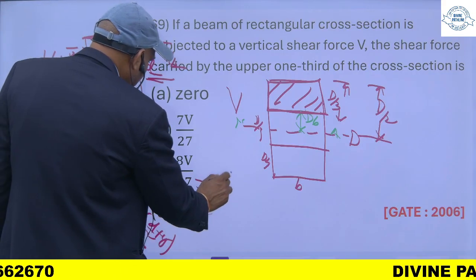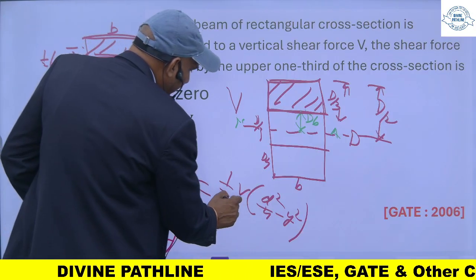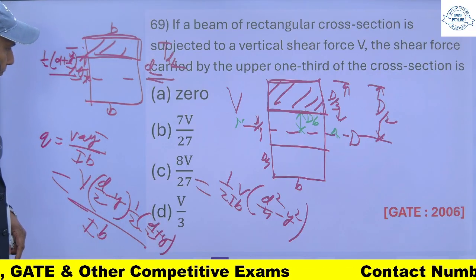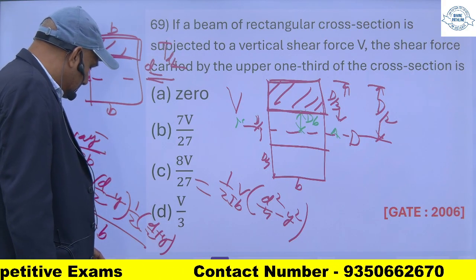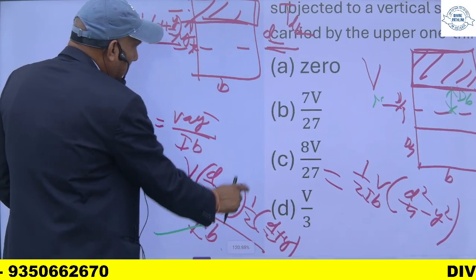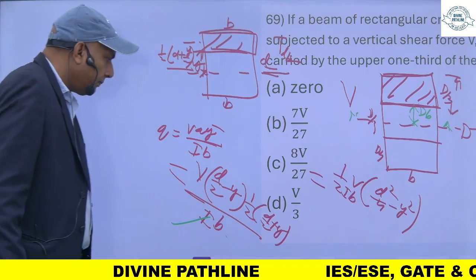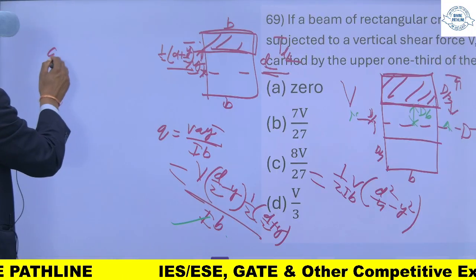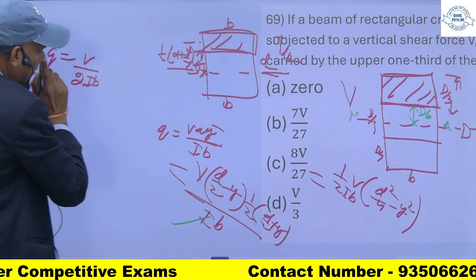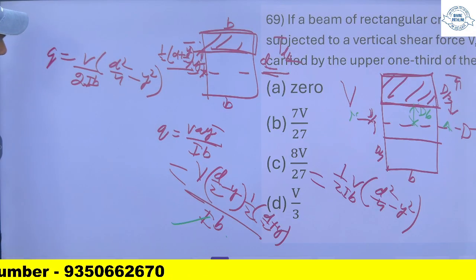So this will be 1 by 2 V into D square by 4 minus y square upon I b. Now q is V upon 2 I b into D square by 4 minus y square. So this is the shear stress at this level.